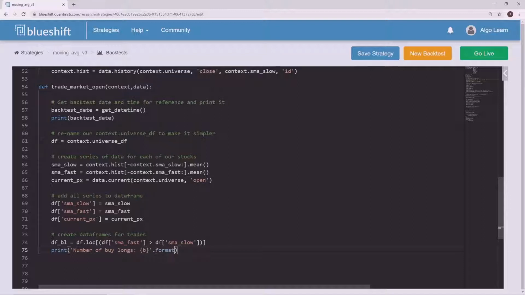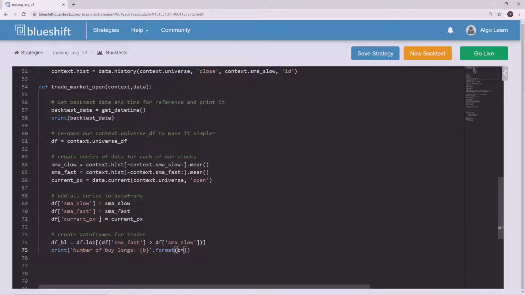All right, and we're going to do B equals, so we're just basically assigning what B is going to equal inside this print. So whatever we assign B here after format, it's actually going to print where we see B inside the quotes.